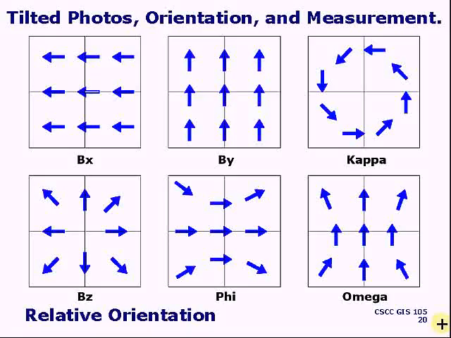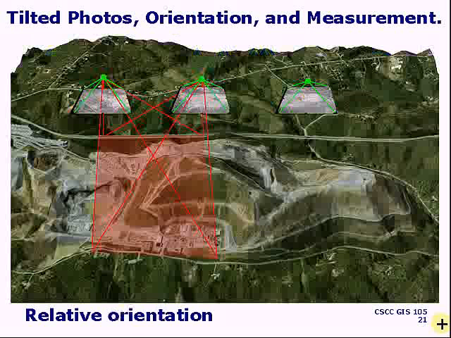Phi, we said, is rotation around the y-axis, and you can see how most of those show up as an X shift, but up at the upper corners and lower corners, there's more of a Y shift involved, and they're inward or outward depending on which way the film is rotated. And then omega, a shift around the x-axis, and you can see the distortions that are caused there.